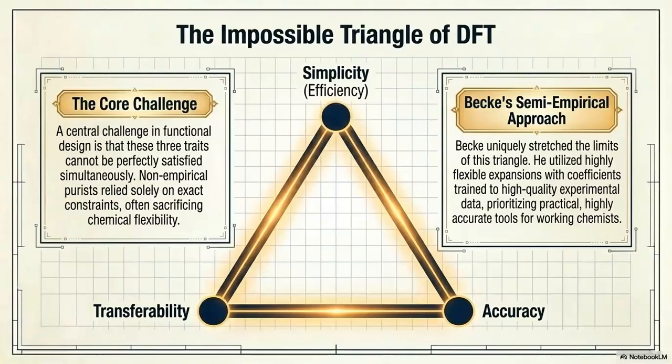He chose to stretch the boundaries of this geometric prison by utilizing flexible expansions trained on high-quality experimental data. By prioritizing practical utility over rigid dogma, Becke provided working chemists with the robust, accurate tools needed for real-world discovery. He didn't just study the triangle, he forced it to expand.